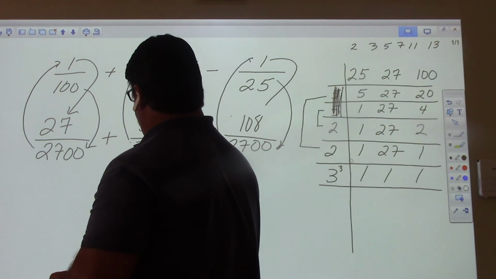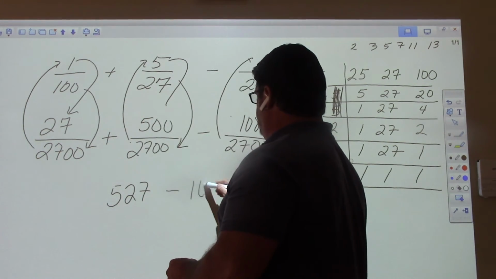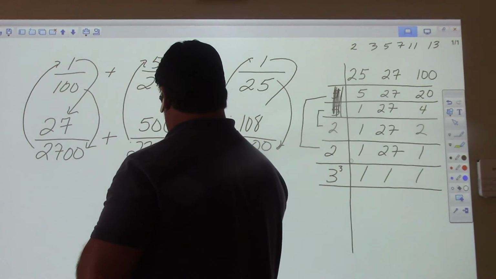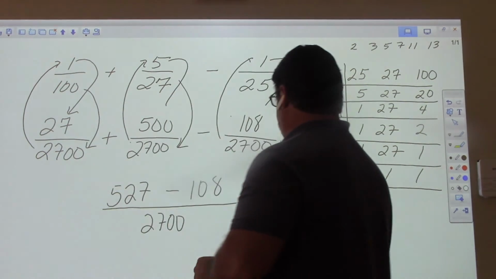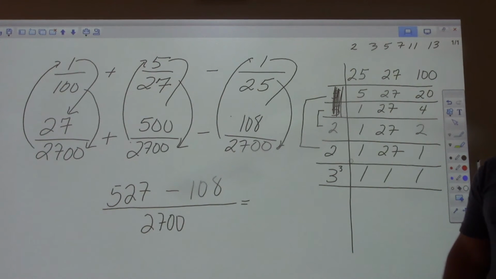27 plus 500 is 527 minus 108 over 2700. Now somebody tell me what 527 minus 100 is. 419. Minus 1. You're not working with me, you're working against me. You're stealing my thunder.